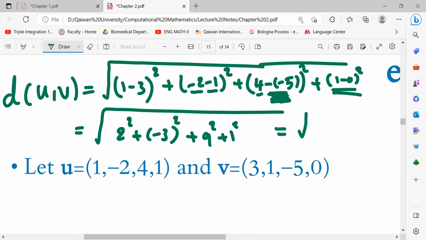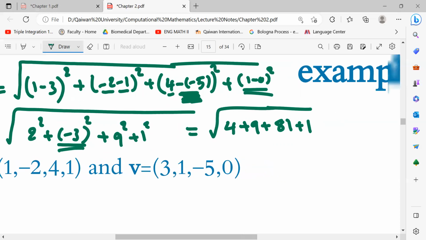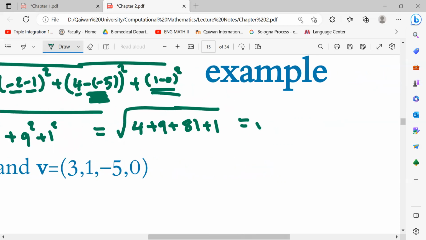It is the square root of 2 squared is 4, -3 squared is 9. Since the exponent is even, it becomes positive. 9 squared is 81. 1 squared is 1. It is the square root of 96.